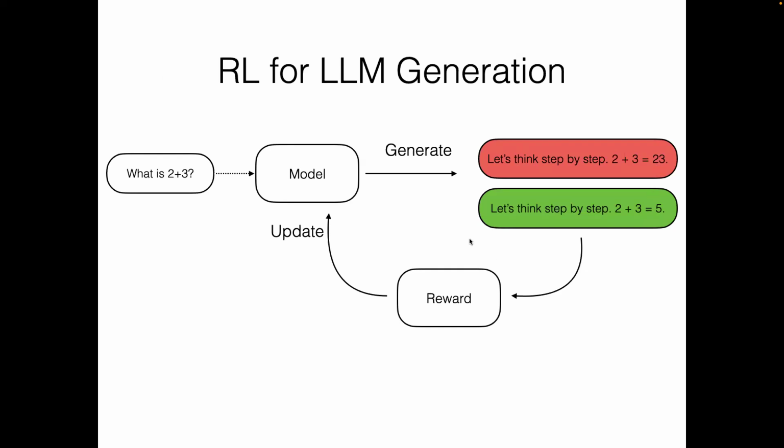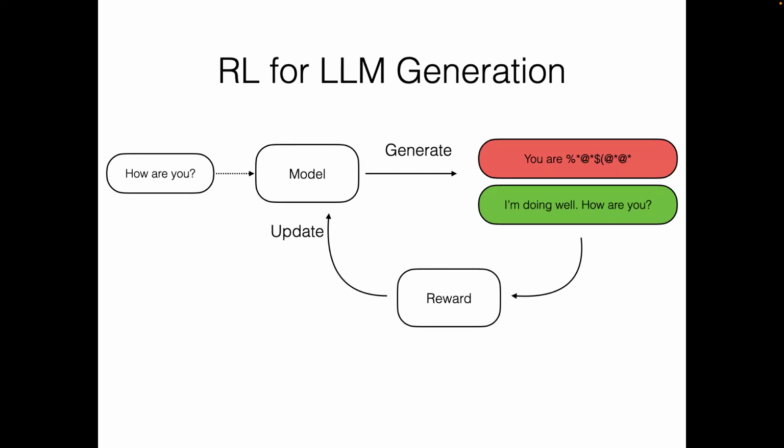And then we're going to update the model using some reinforcement learning algorithm or loss function, like the ones we saw in the last class. And the cool thing is that this is a pretty general framework, so you don't have to just use it for, say, solving a math problem. You can also use it for making your responses to your language model more acceptable to humans.